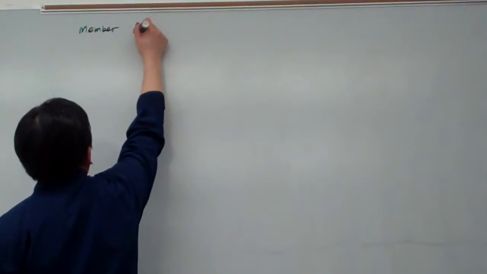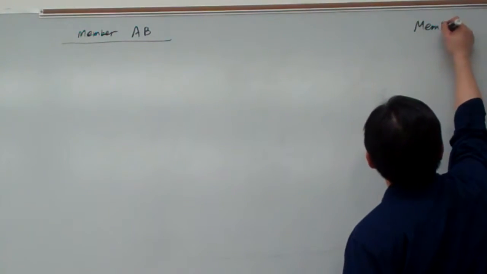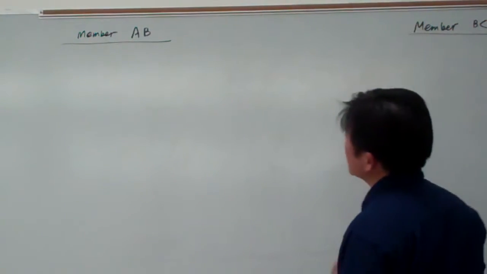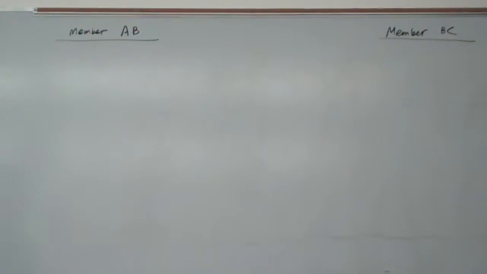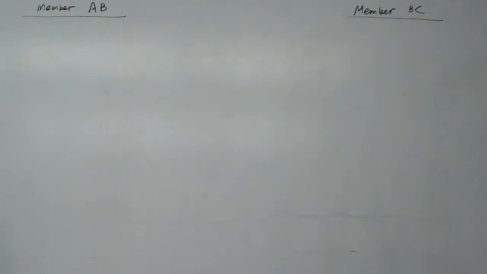That is a tabulation as we go forward here. The vertical, and then we have the member BC. Let me finish this one here.